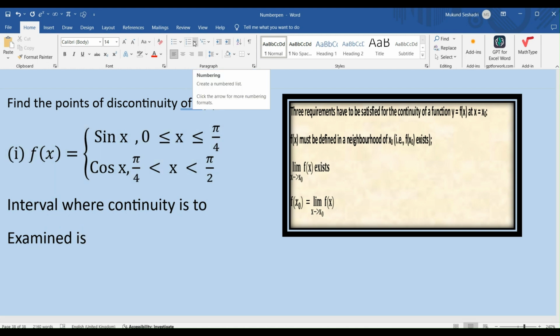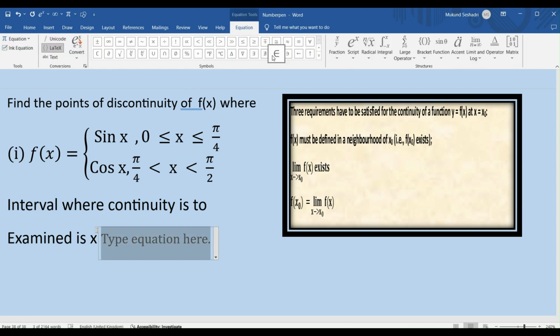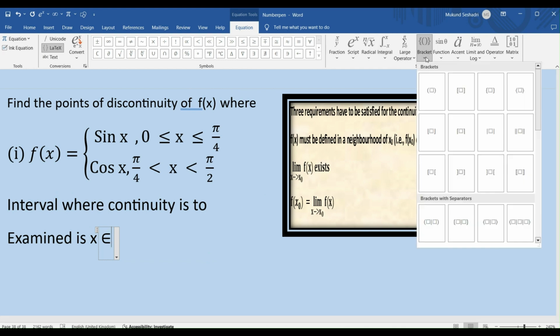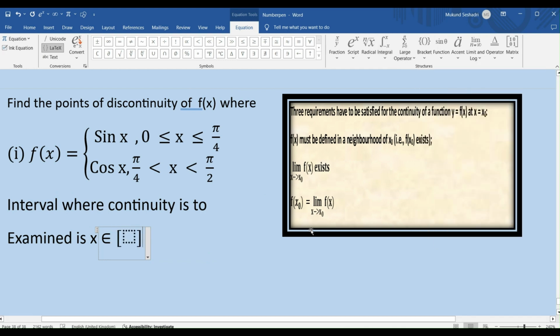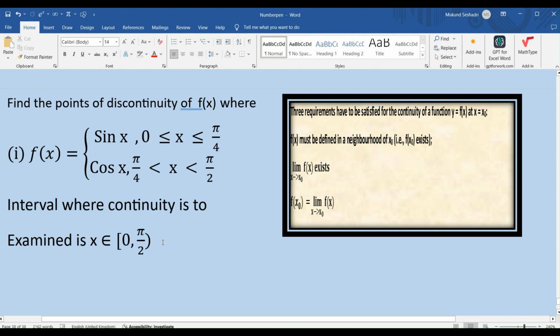That interval is x belonging to, and this is where you'll have to observe a bit closely, it includes 0, but it does not include pi by 2. So this is one part of the problem.